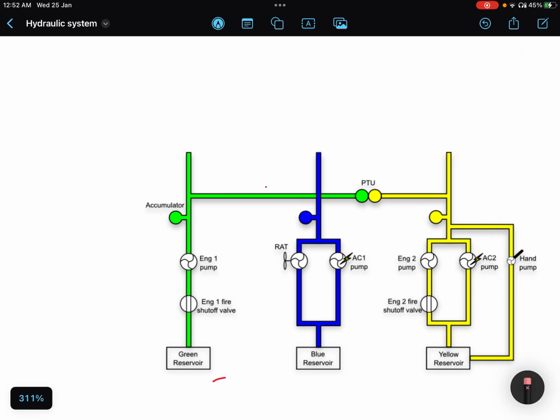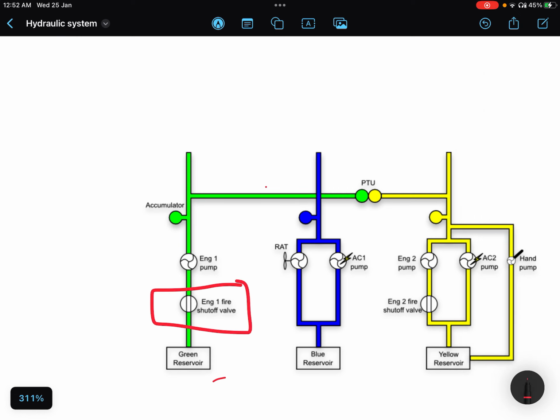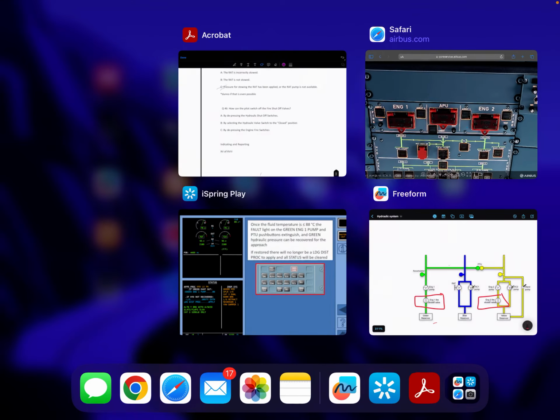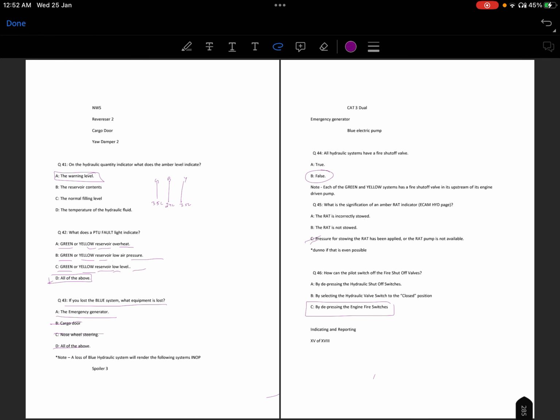Engine number 1 and engine number 2, they connect with the fire shut-off valves. So they will be switched off after pressing those fire push buttons. So this was the last question.